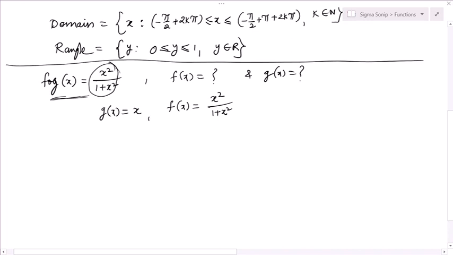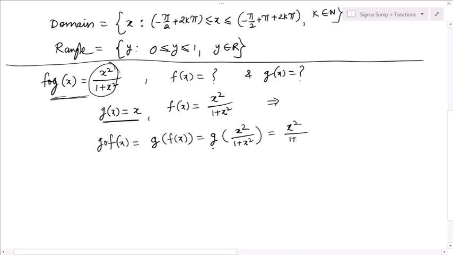You can also try g of f(x), and you will get the same thing. Let's check. g of f(x) gives you g of x squared upon 1 plus x squared, and g(x) is just x, so this is basically x squared upon 1 plus x squared.